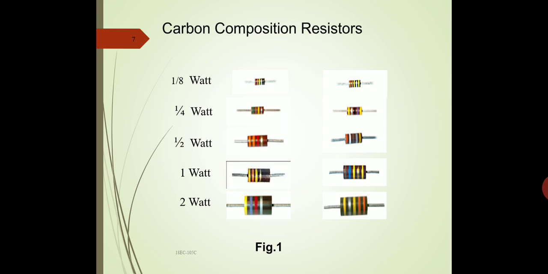So they are in proportion. And normally the half watt resistor will be about 9 mm in size. So you can just imagine what will be the size of the 1/8 watt. It may be hardly 3 mm maybe.